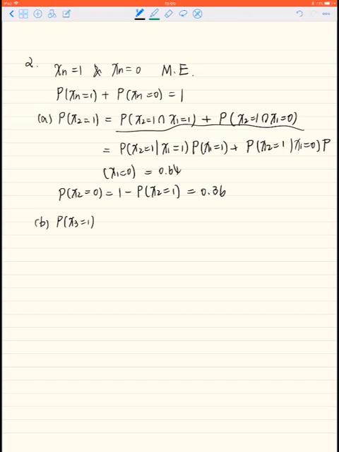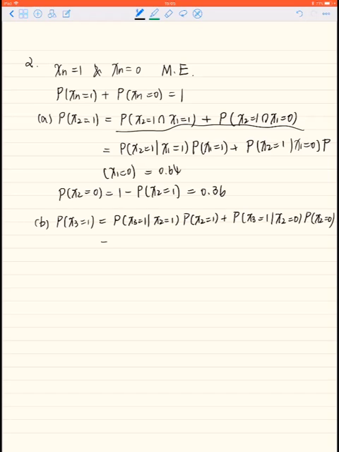This question is very similar to question A, so we can use a similar equation: the probability that X3 equals 1 given X2 equals 1, times the probability that X2 equals 1, plus the probability that X3 equals 1 given X2 equals 0, times the probability that X2 equals 0.